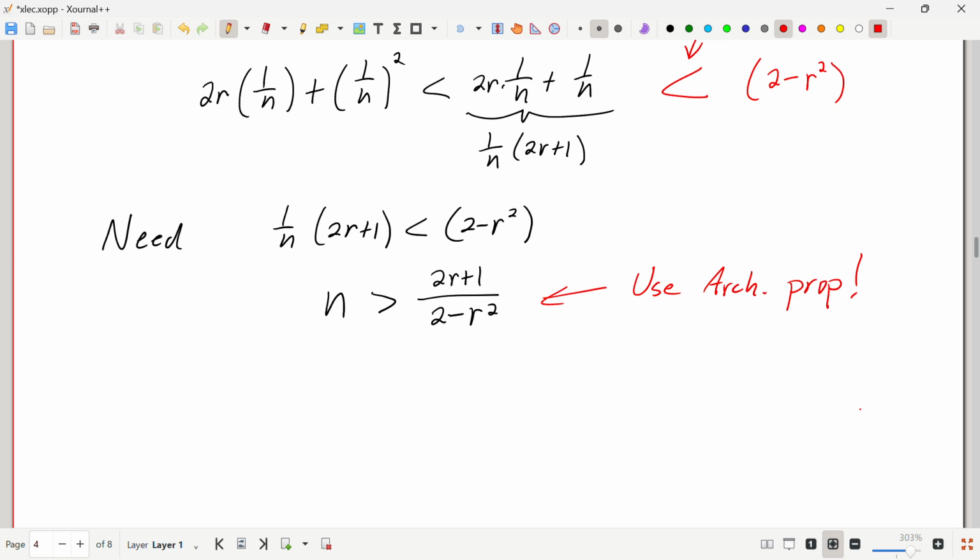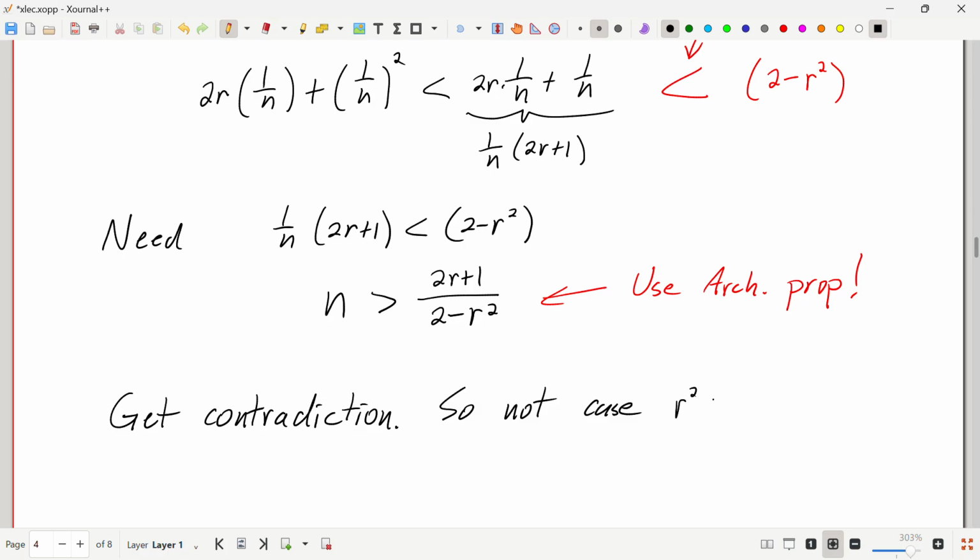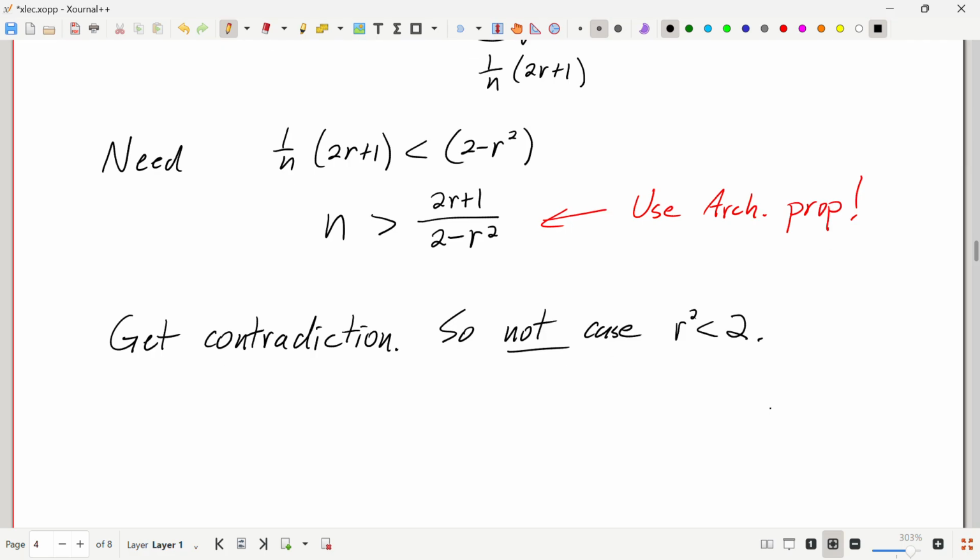So I'm going to get a contradiction. And so it's not the case that r squared is less than 2. And so the last case I need to check is r squared bigger than 2. And it's very similar.